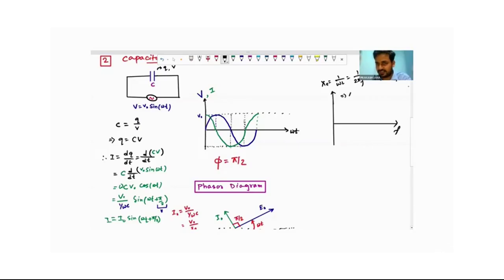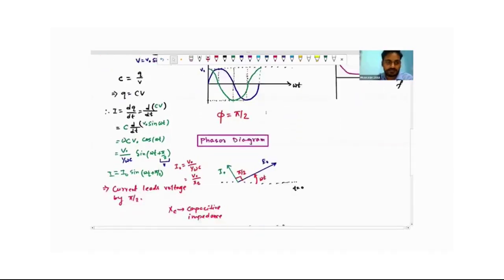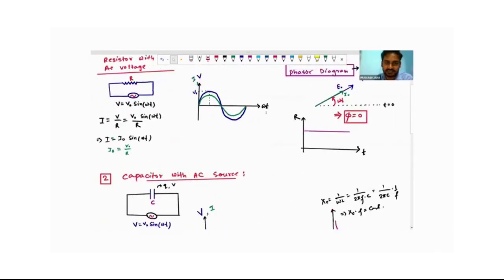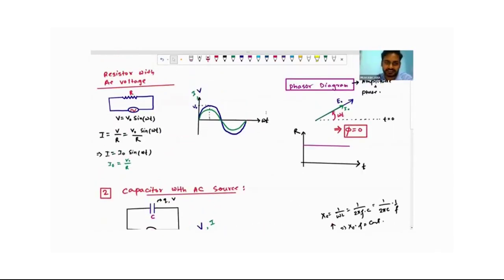From this we can also say XC times f is equal to a constant. So the graph will look like a rectangular hyperbola, isn't it? Okay.